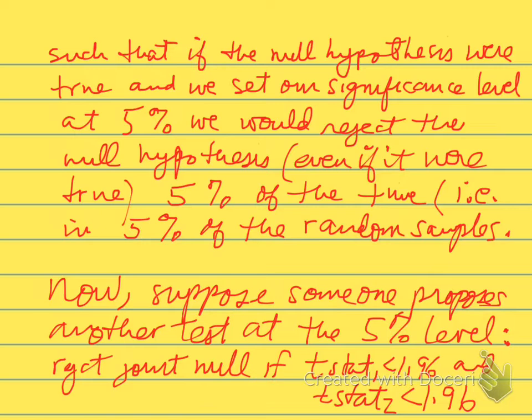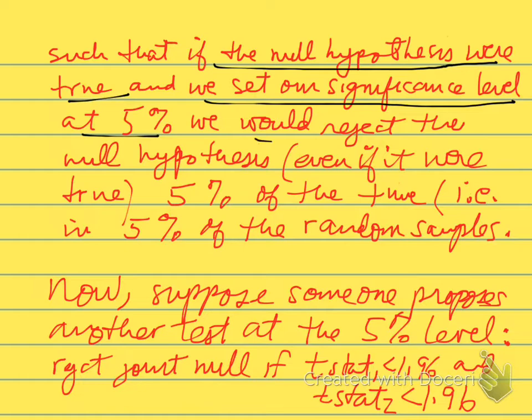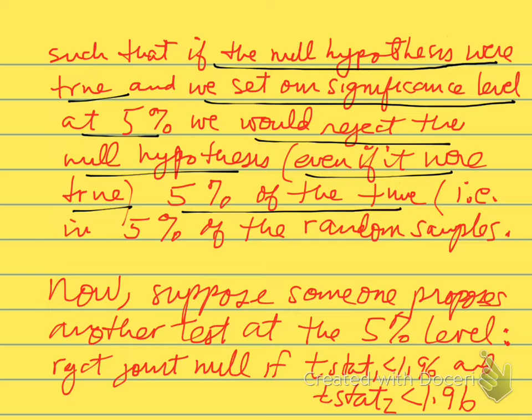And the distribution is such that if the null hypothesis were true, and we set our significance level at 5%, then we would reject the null hypothesis, even if it were true, 5% of the time. That is, in 5% of the random samples. So that's our F statistic that we might set.